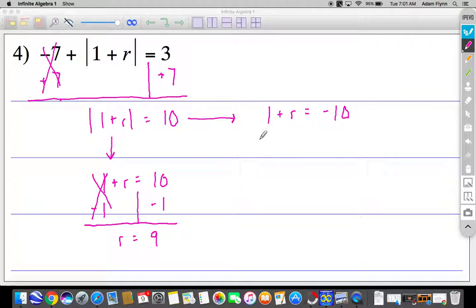And up here, I'll subtract 1 from both sides to get r by itself. 1 minus 1 cancels. So I'm left with r equals negative 10 minus 1, which of course is negative 11. So our solutions for r are going to be negative 11 and positive 9.